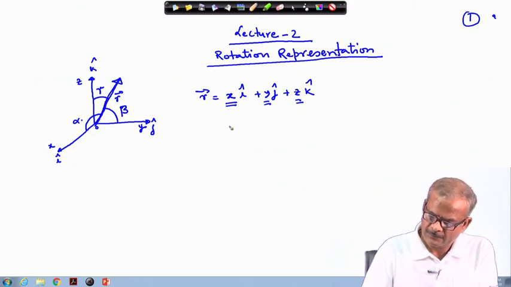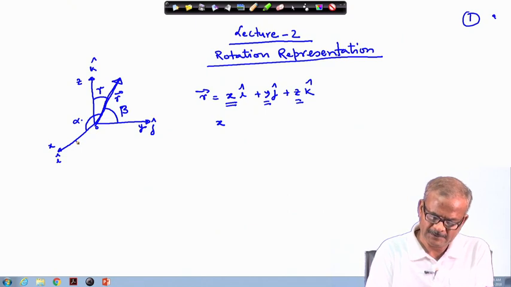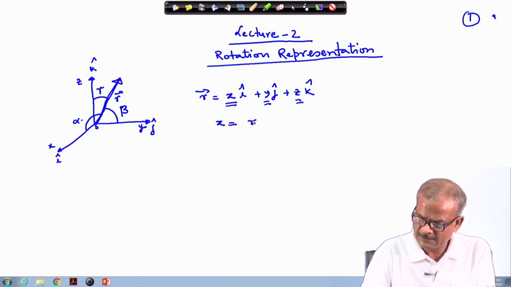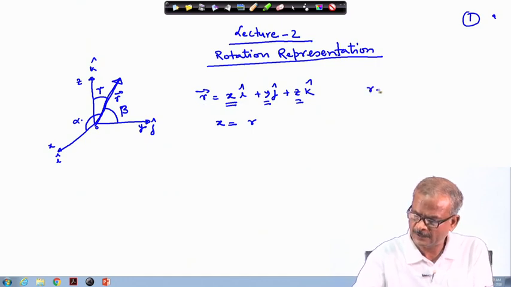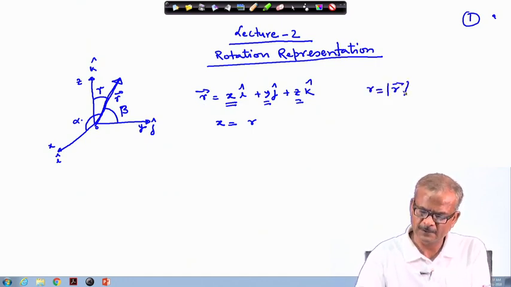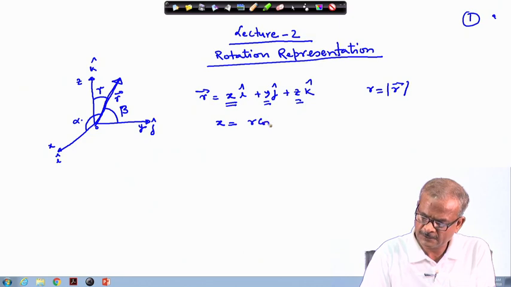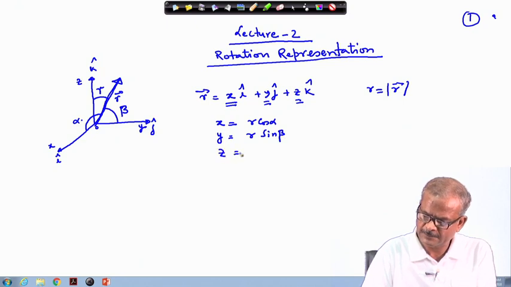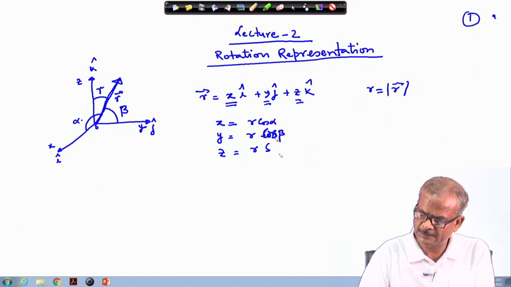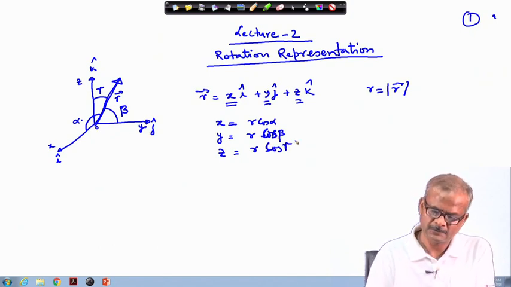If we take the projection of the r vector on these axes, where r is the magnitude of the r vector, this is r cos alpha, y is r cos beta, and z is r cos gamma.